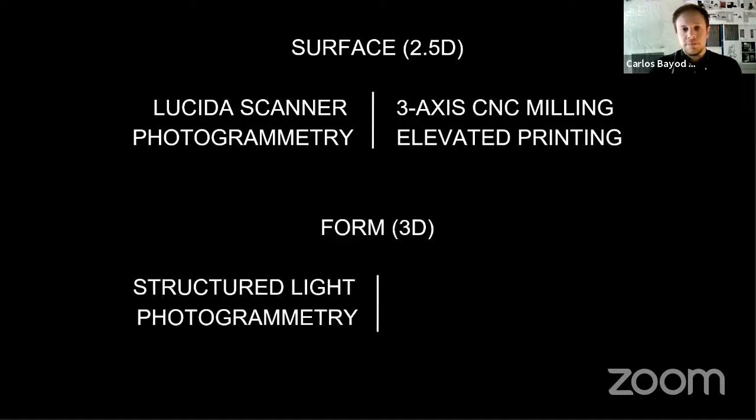On the other hand, if we are working with true volumetric objects like a sculpture or architectural elements, we are not using a Lucida scanner, but we are constantly employing white light scanners or structured light scanners, or also photogrammetry.